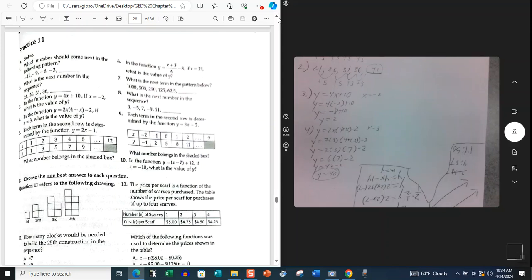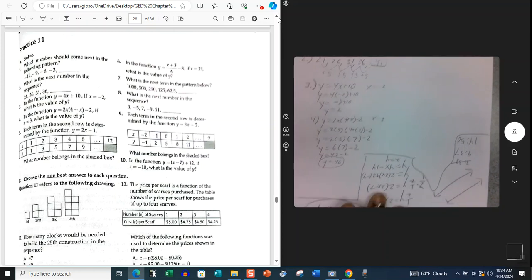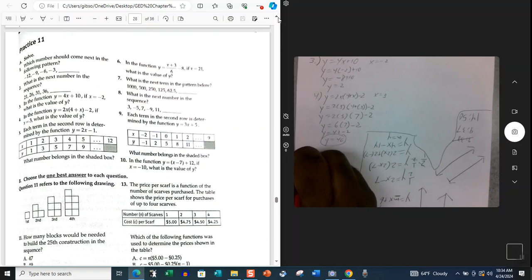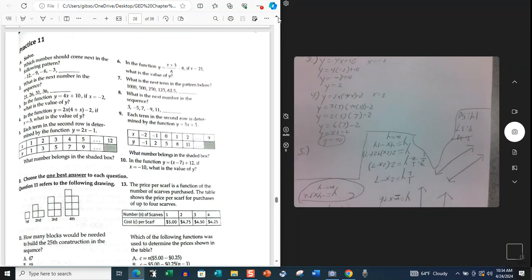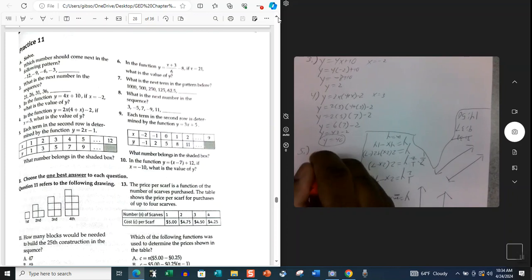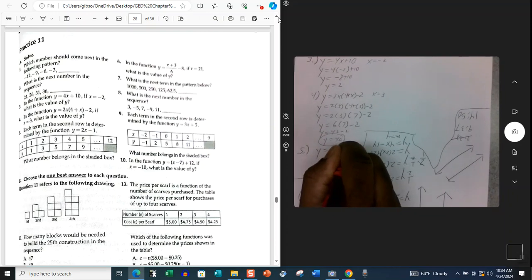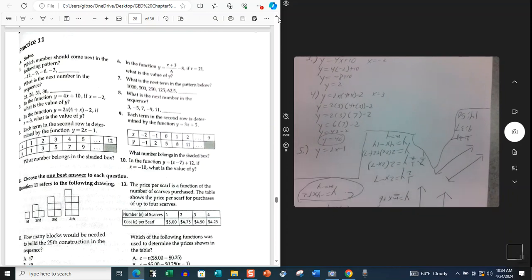Okay, number 5. Now, I'm not going to draw this box, but we will utilize this box to solve for number 5. So number 5, it says each term in the second row is determined by the function y equals 2x minus 1. It says what number belongs in a shaded box.